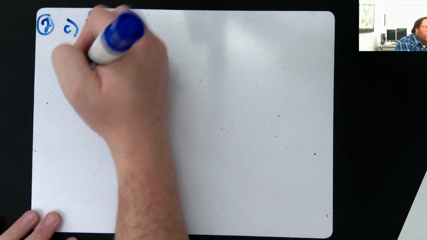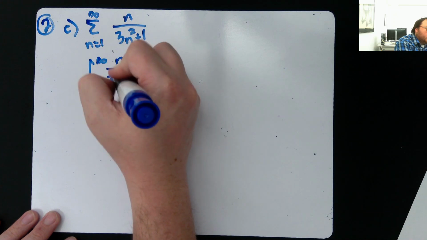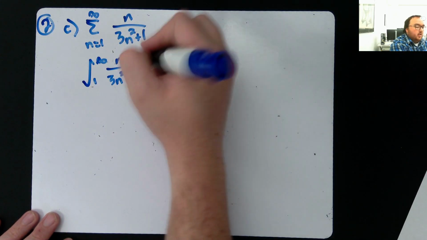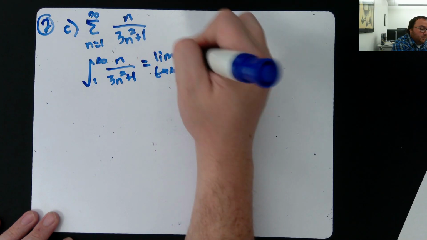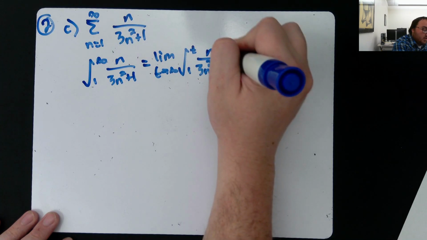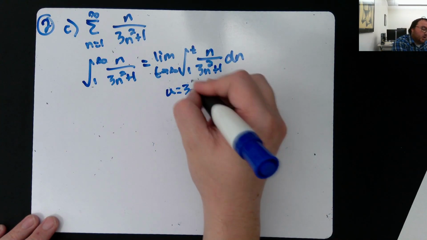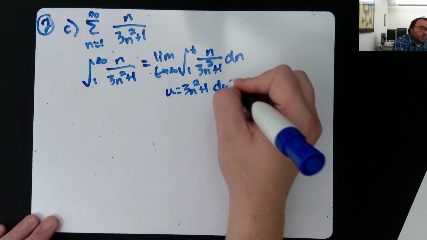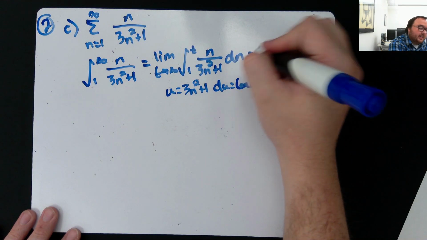Integral from 1 to infinity of n over 3n squared plus 1. Take the limit and replace it with t. Again, use u substitution. u equals 3n squared plus 1, so du would be 6n dn. I don't have a 6, so put 1/6 out front.